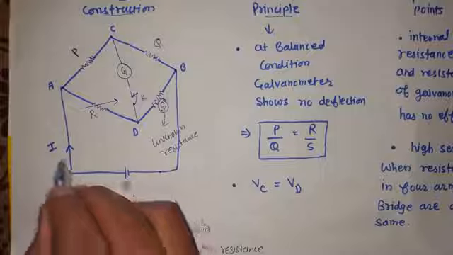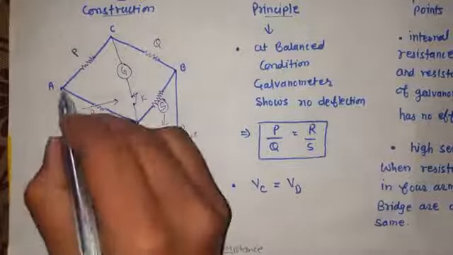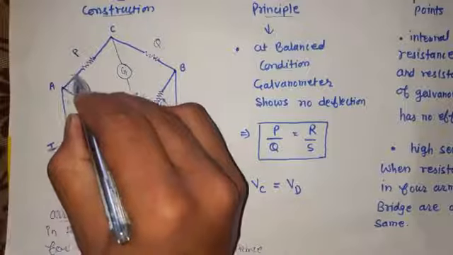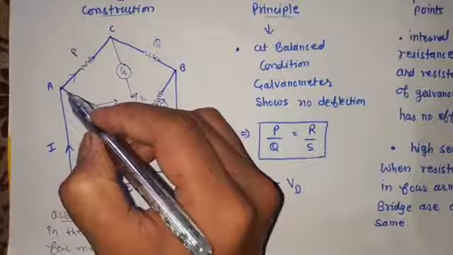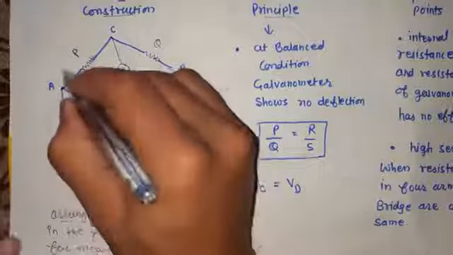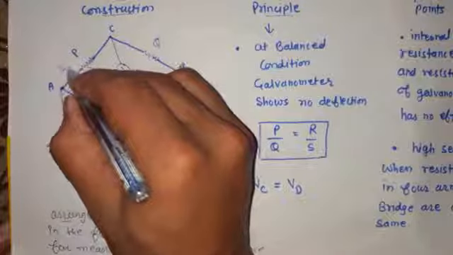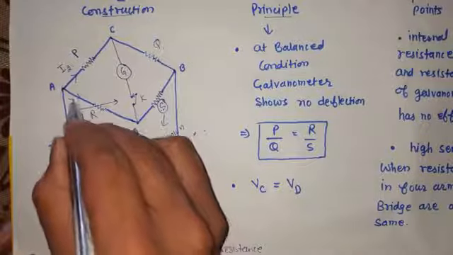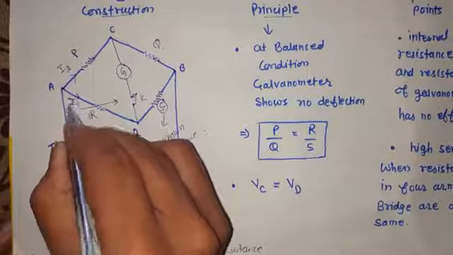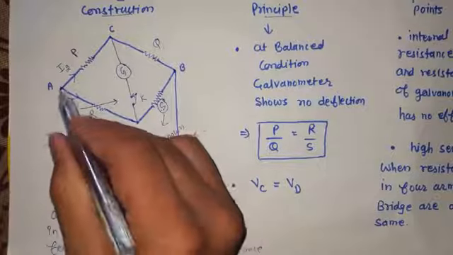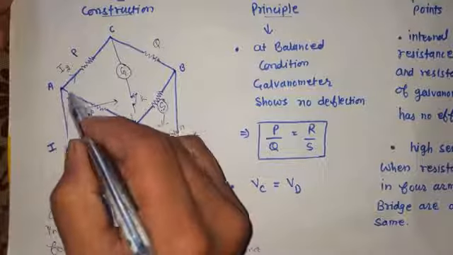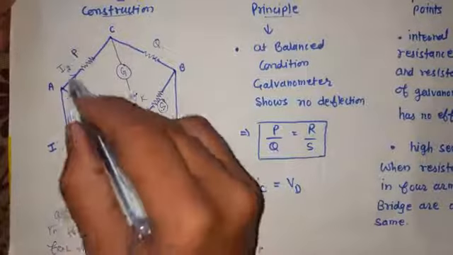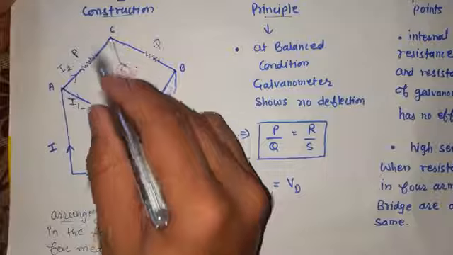Let this current be I, which comes up to A. At A there are two paths, so the current divides. According to Kirchhoff's junction law, a part of the current goes through the arm A to D, while a part goes through the upper arm.